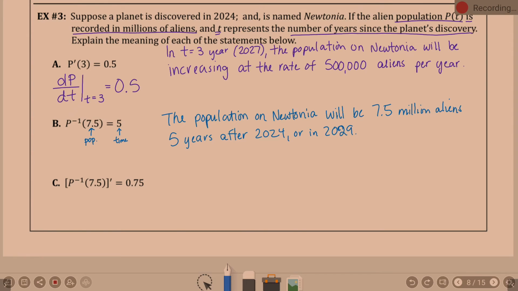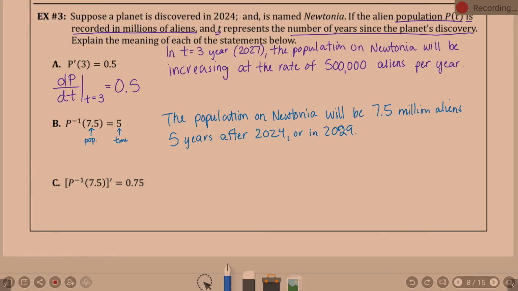At 5 years after discovery, the population is growing by 3/4 million aliens per year. After 5 years. You got some right pieces. I'm not sure where the 5 came into this problem because there's no 5 in this problem. Well, we had the inverse of... But you're using the numbers in this problem. Is it after like 3/4 of a year?